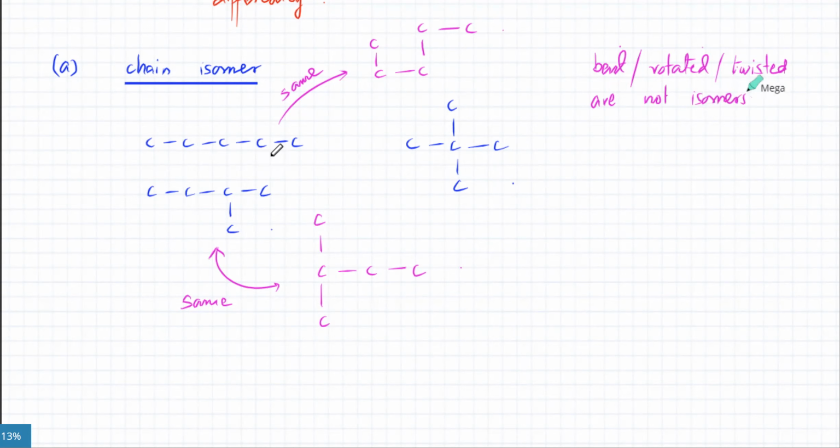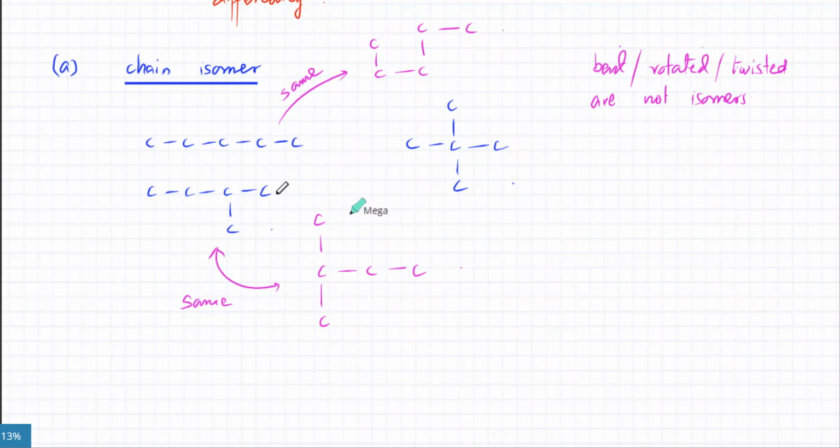And this is one of the most important things, because that's where most people make a mistake. They think these two are different, which they are not. They think these two are different. Now look at these two. They kind of look different, but they're exactly the same. Look at this. That's 1, 2, 3, and 4 carbon atoms. Now I'm going to check the connections.